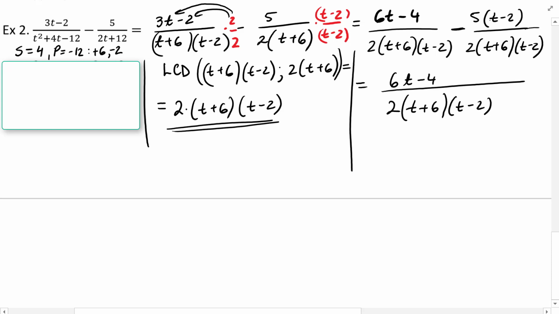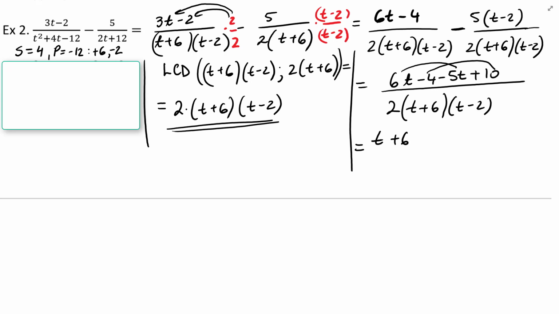And then minus in front of the parentheses changes all the signs. So negative 5 times t is negative 5t. Negative 5 times negative 2 is plus 10. So add like terms: 6t minus 5t is t. Negative 4 minus 10 is plus 6.